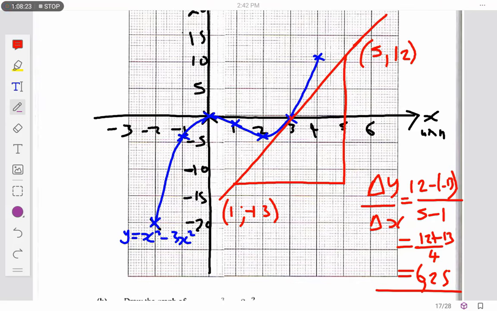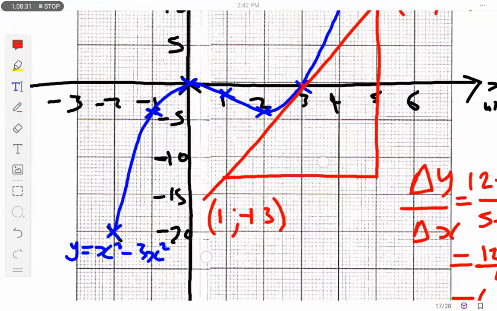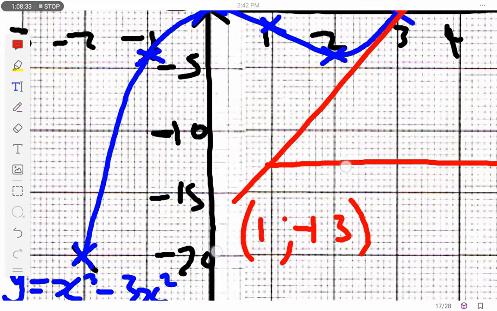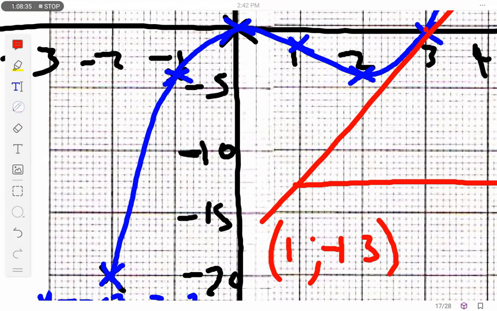Y is equal to minus 12 is just here. That's minus 11. 4 boxes down. Let me just confirm, 4 boxes down there. That's 1, 2, 3, 4. Here. This is minus 12. So the area bounded by this line, that is going like this.